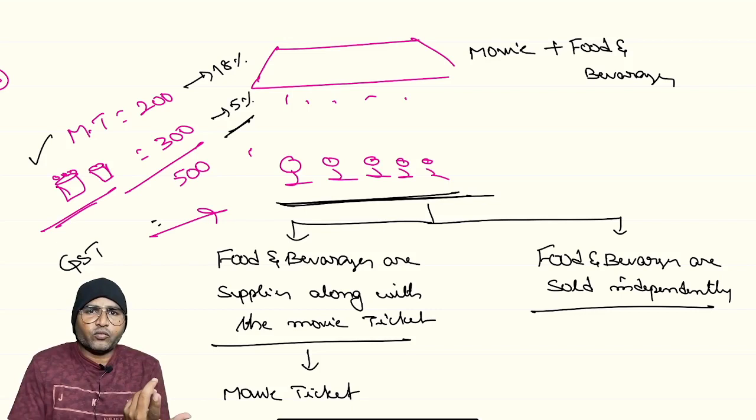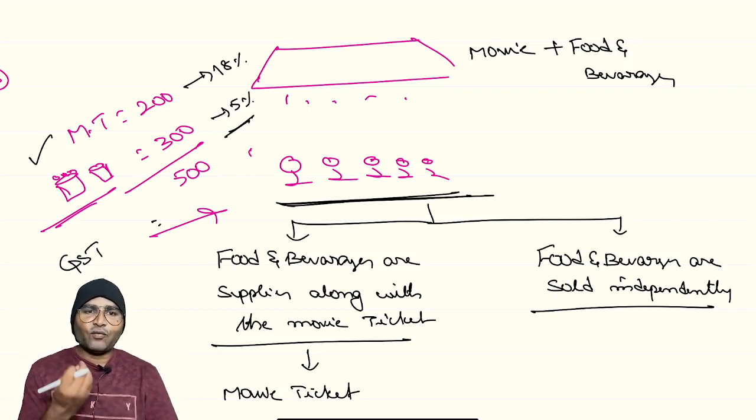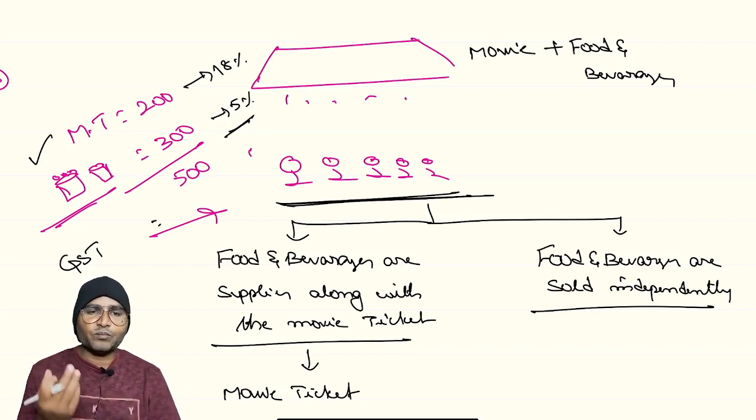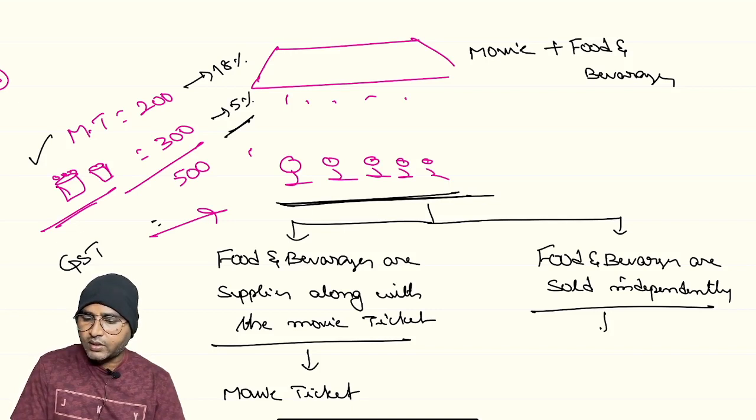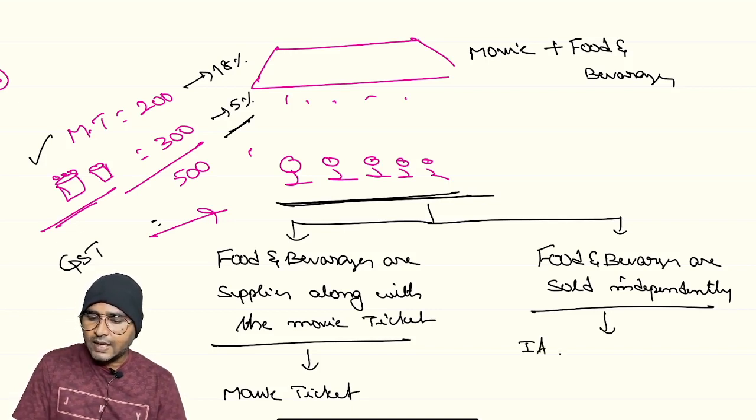Suppose while watching the movie, if there is a horror movie, right, if you want to eat any popcorn or cool drink or any other snacks, at your discretion you may purchase. In such a situation, it is taxable at the rate of 5%.